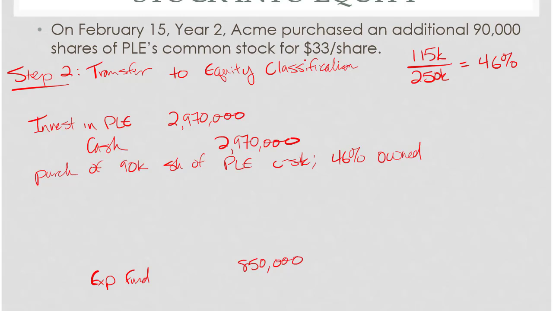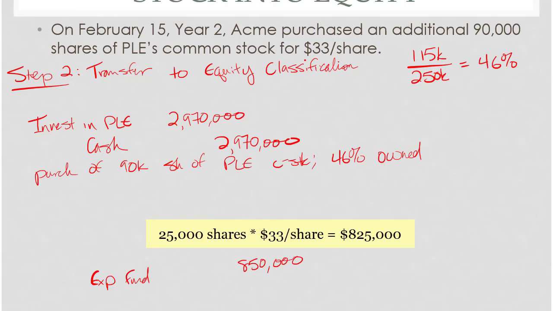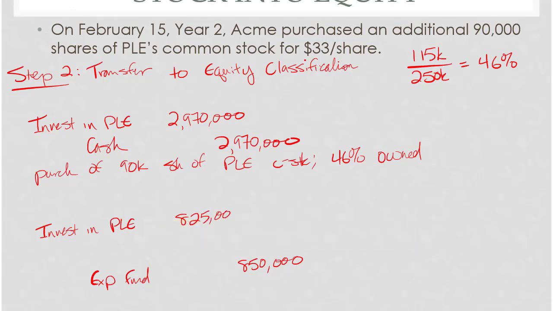the threshold. So that's $33 a share, and I own 25,000 shares. So 25,000 shares times 33 gives me $825,000. So into investment in PLE, I'm going to put 825,000, and the difference is either a gain or a loss.